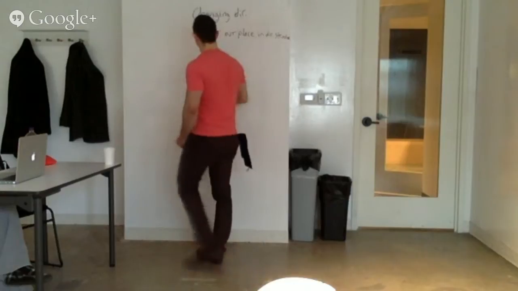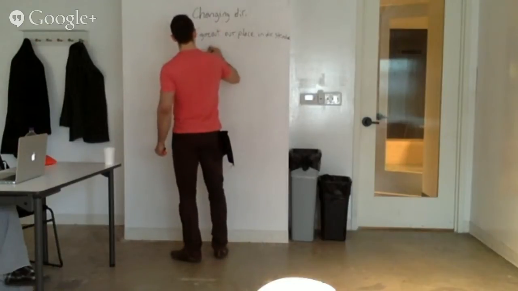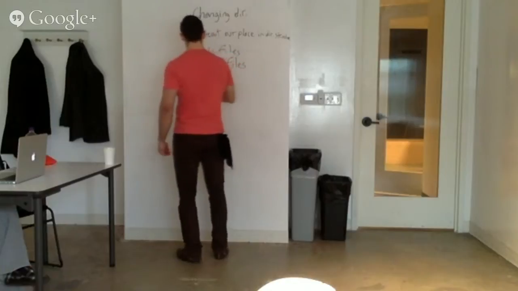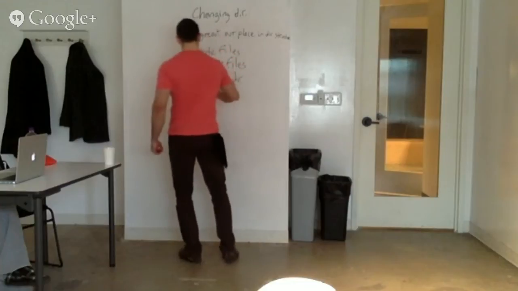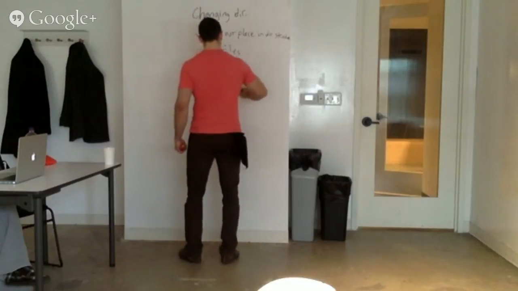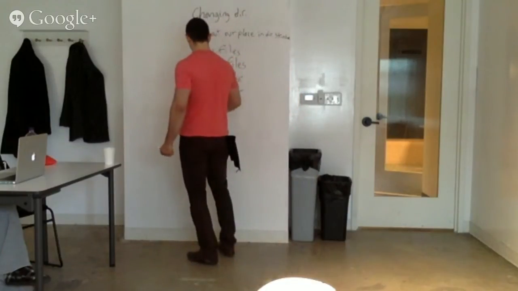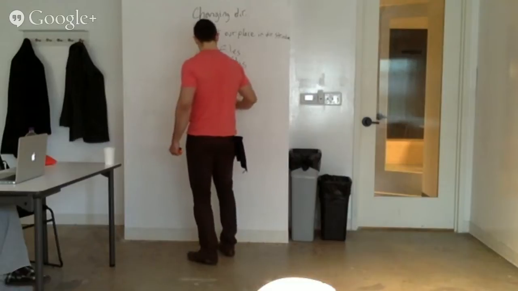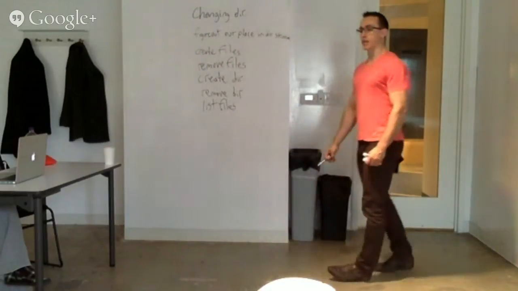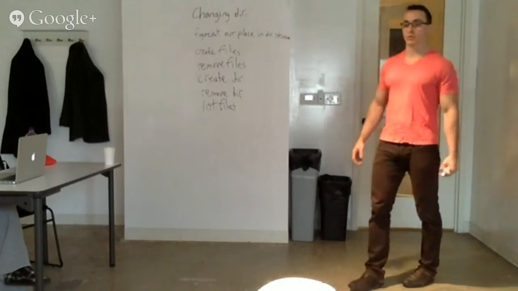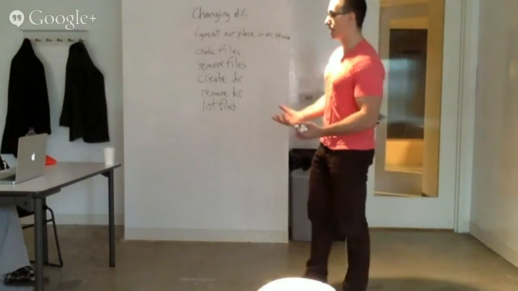We're going to learn to create files, remove files, create directories, remove directories, and then just be able to look at all the files in a directory, so list files. And then we'll go from there, depending on how far we get and how the conversation goes. But these are the very basics that we'll need to operate and move around our operating system.